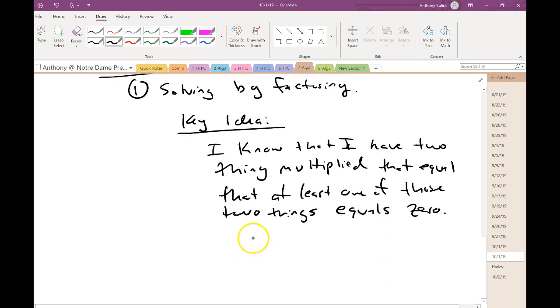So what are we really saying there? That if I have x times y equals 0, that implies that x equals 0 and/or y equals 0, right?